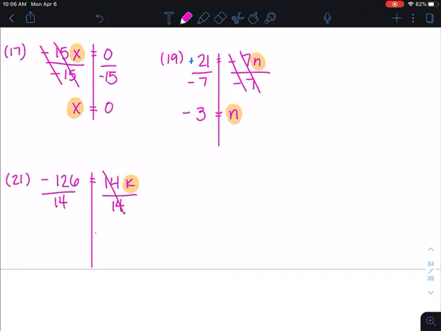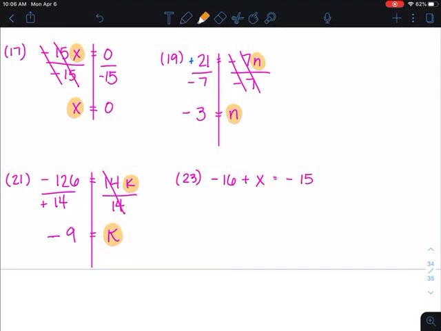The opposite of multiplying is dividing, so we're going to divide both sides by 14. Our 14s will cancel. K is equal to negative 126 divided by 14. This is a positive 14, so they have different signs. Our answer will be negative, and 126 divided by 14 is 9. K is by itself. Our problem is complete.